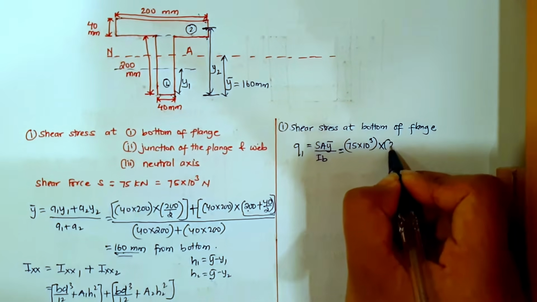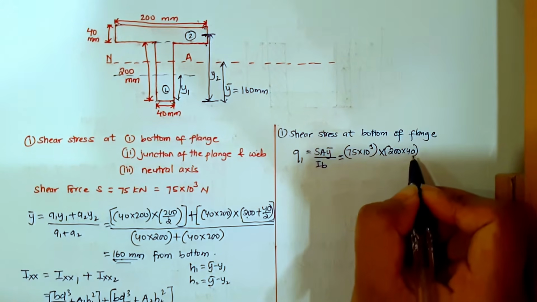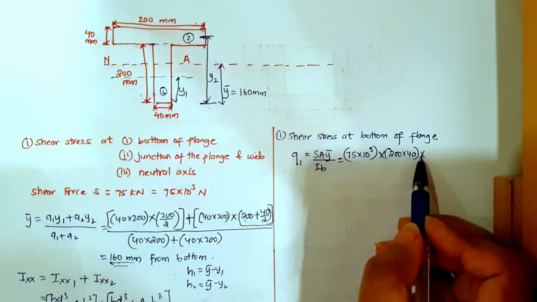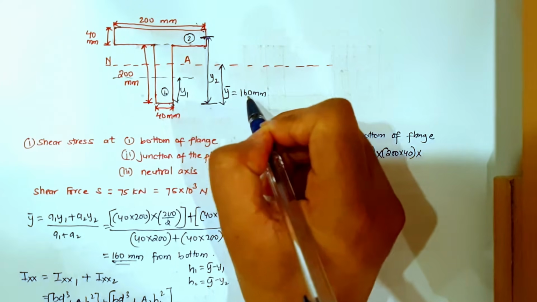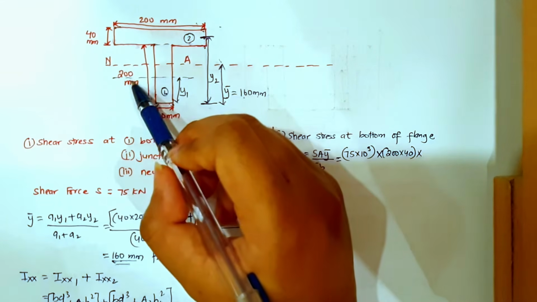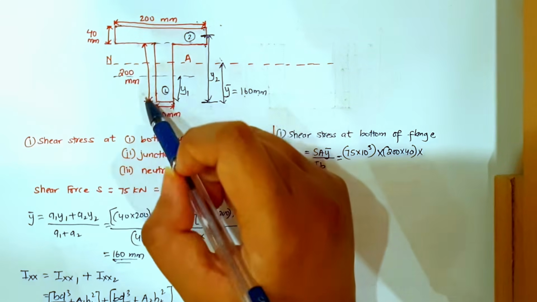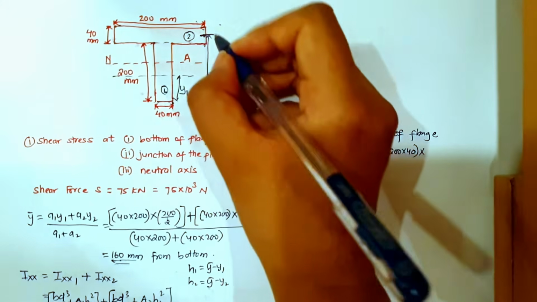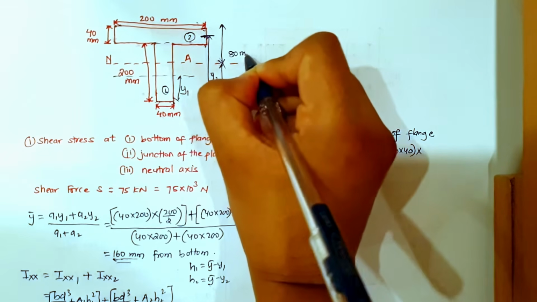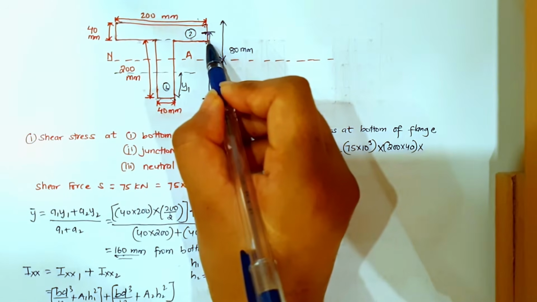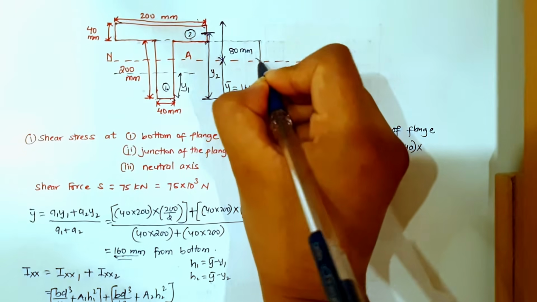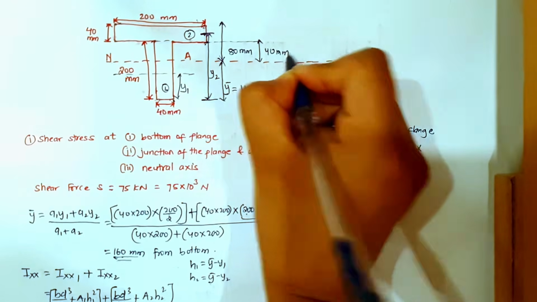Area of this flange portion is 200 into 40, right? Into y bar. How will we find y bar? The y bar we found from here is 160, so the remaining distance, total depth 240 minus 160, gives 80 mm. And the flange depth is 40 mm, right?